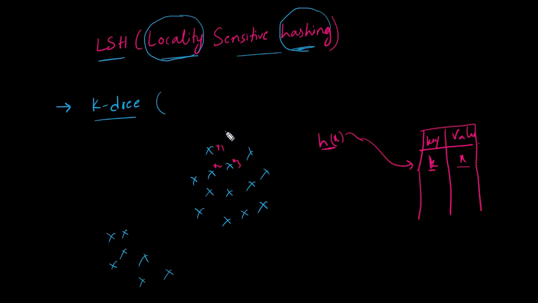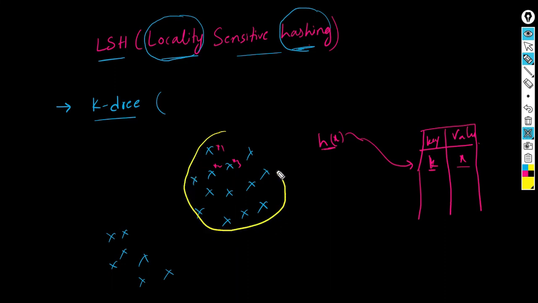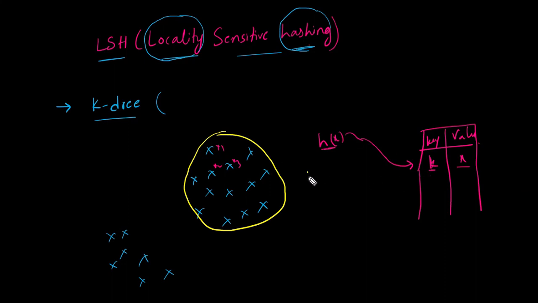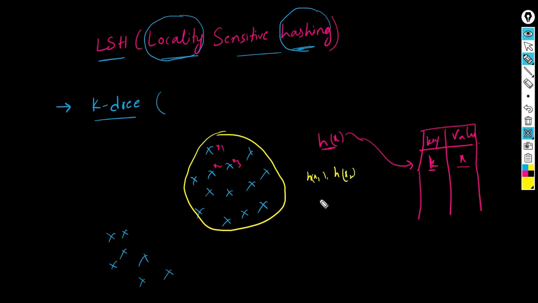For this, let's consider this is a group. For this group we are going to get the same key value for h of x1, h of x2, h of x3. Let's consider we have up to 10 points in this group, up to h of x10.